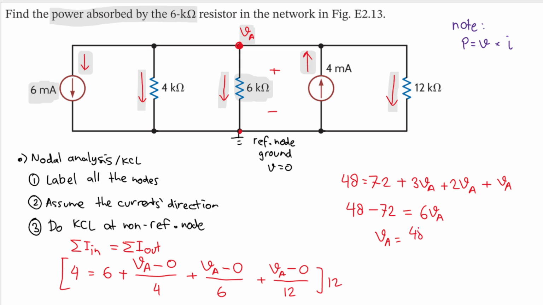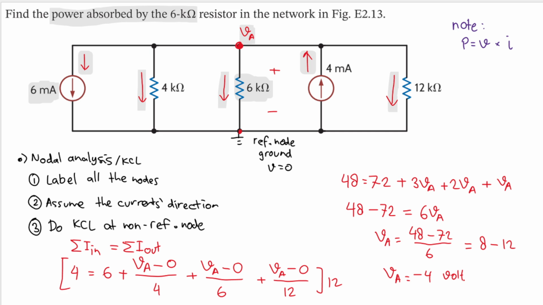So I'll have 48 minus 72 divided by 6. 48 divided by 6 is 8, right? And 72 divided by 6 will be 12. So VA is equal to minus 4, and the unit here will be volt.